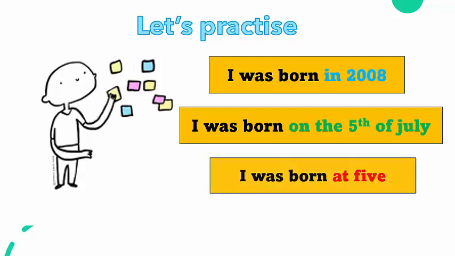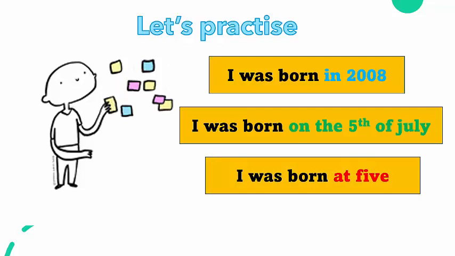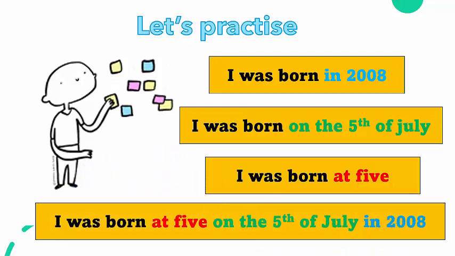Or if I just wanted to be more specific on time, I can say I was born at 5 o'clock. I was born at 11, at 12, at midnight. Okay? So if I want to use the whole sentence together, I can join them, or I can just say I was born at 5 on the 5th of July in 2008.